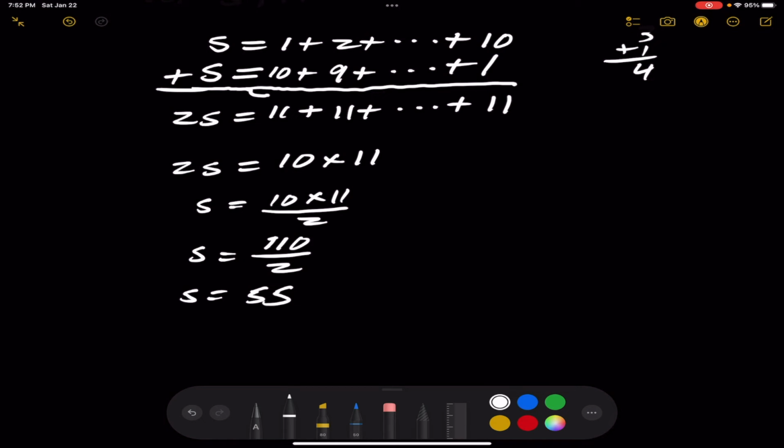So if you look at this right here, you can notice that there is some sort of pattern, and it can actually be represented as a summation formula.